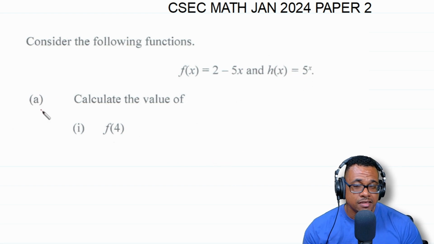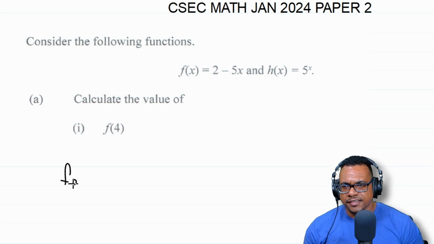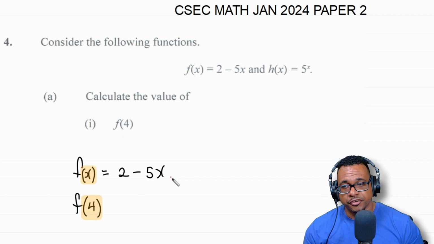For part A, they want us to calculate the value of f of 4. So that's pretty simple. If f of x is equal to 2 take away 5x, then for f of 4, we are replacing the x with 4.